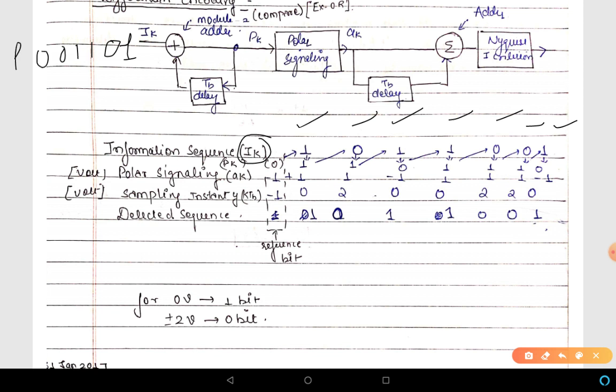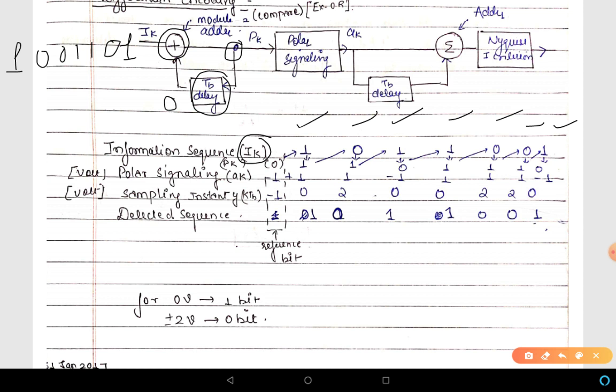Now what we need to do is modulo 2 XORing with the output of this differential encoder, and initially my D flip-flop is in reset state, that is 0.